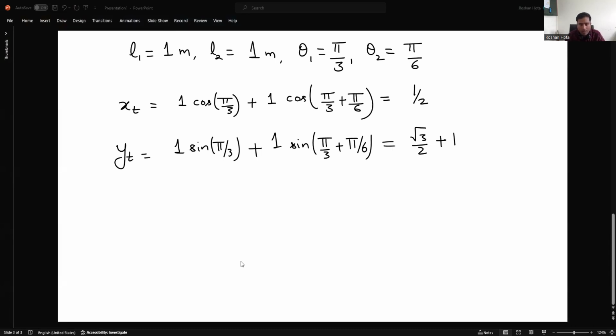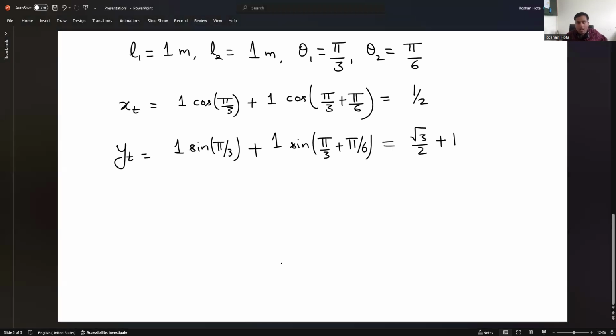There is 0.5. And then I can also check the second expression, which is also correct, because root 3 divided by 2 plus 1 is 1.8660. Okay. So these are the values.